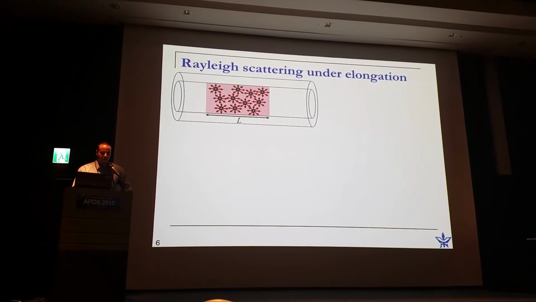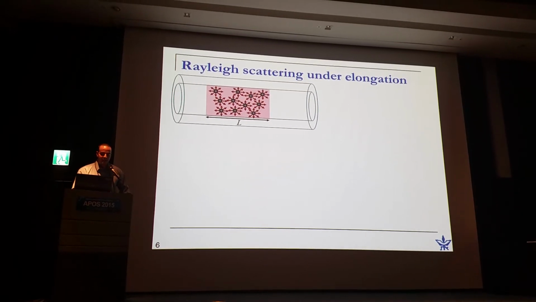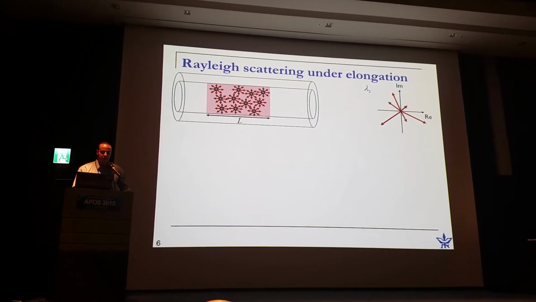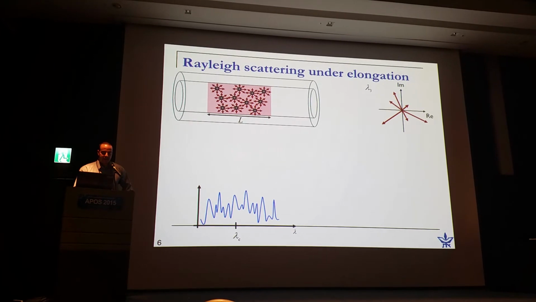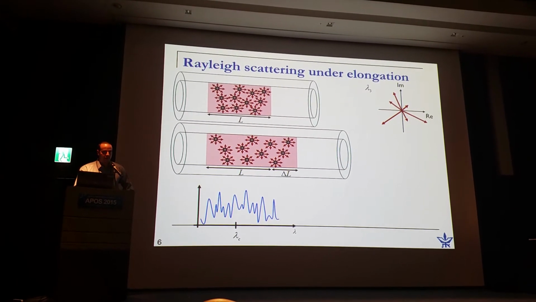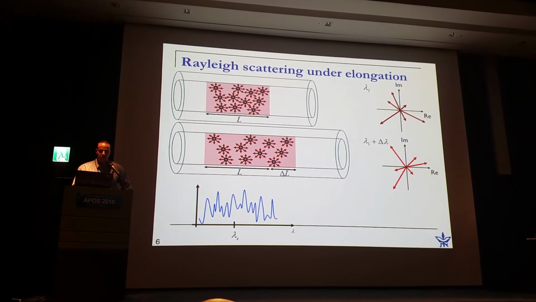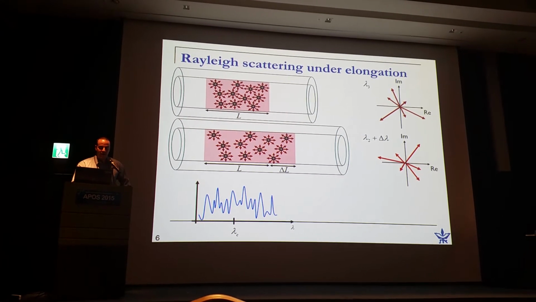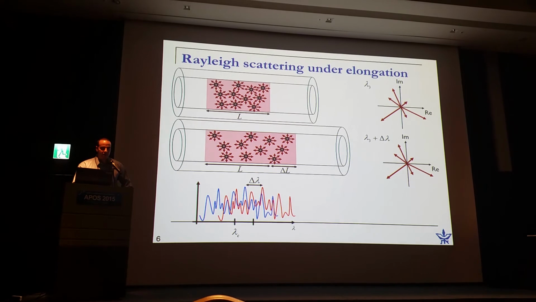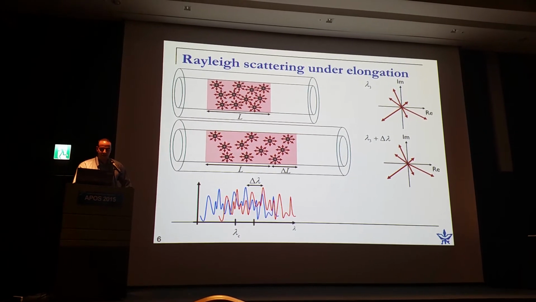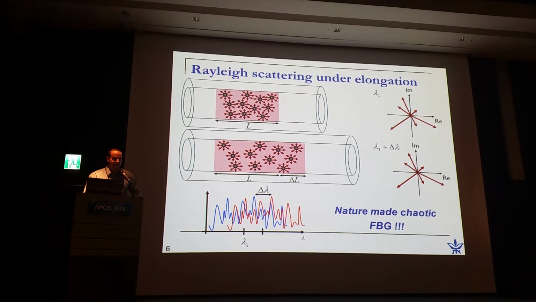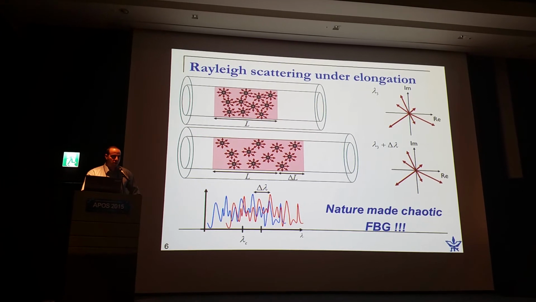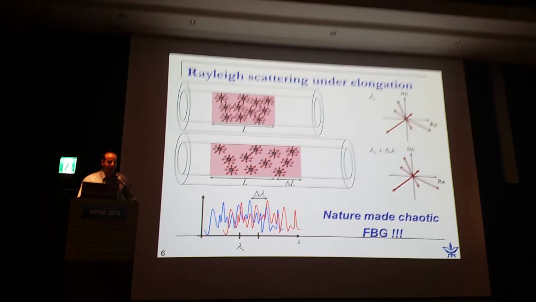We previously showed how we acquire the Rayleigh spectrum at some point. But now what happens when this point elongates? We acquire actually the same reflection spectrum, but it will appear shifted in wavelength. So we can think of this Rayleigh spectrum as a nature-made chaotic Bragg grating.